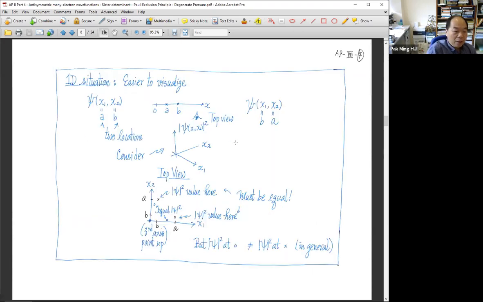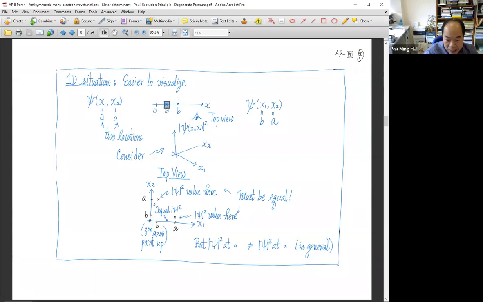Now, for those who are puzzling, what does this mean? This is very explicit. I have a two-variable function, the wave function. It's a 1D situation, easy, right? So I have a 1D position.